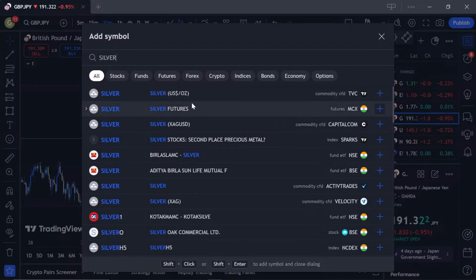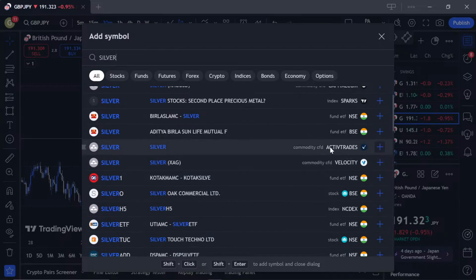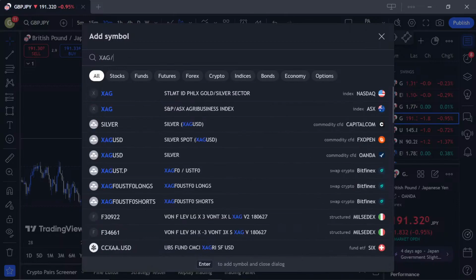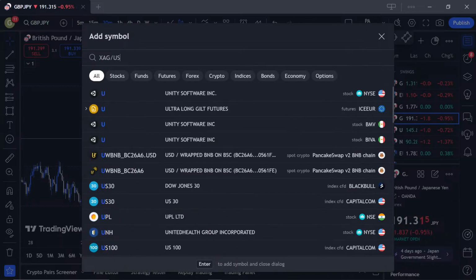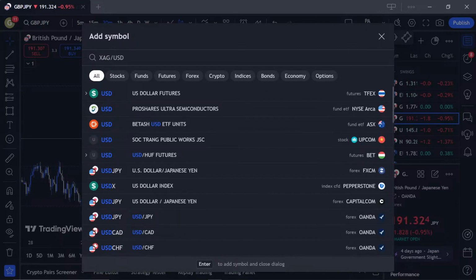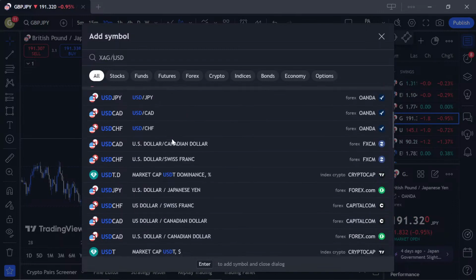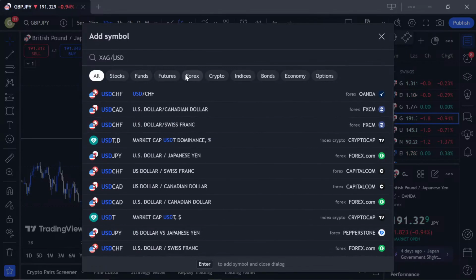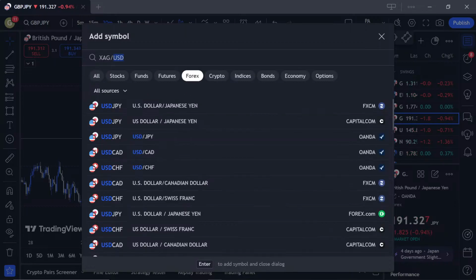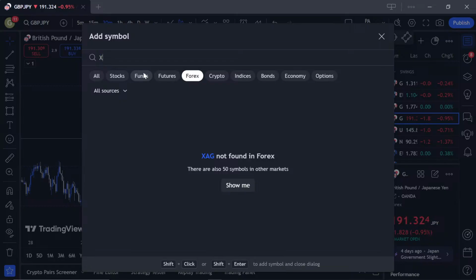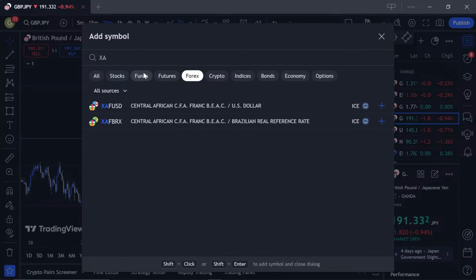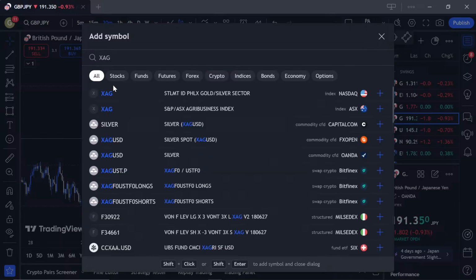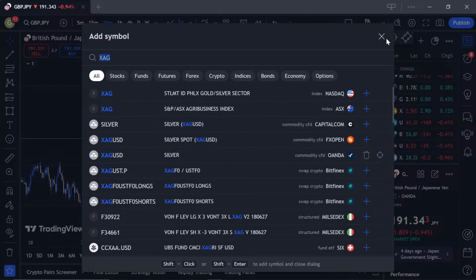That's XAG USD. That's silver. Okay, here it is from Oanda.